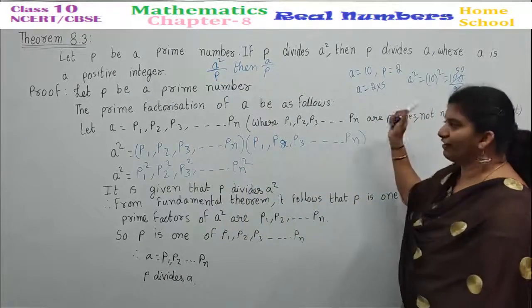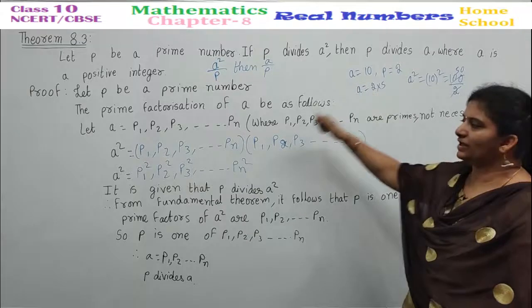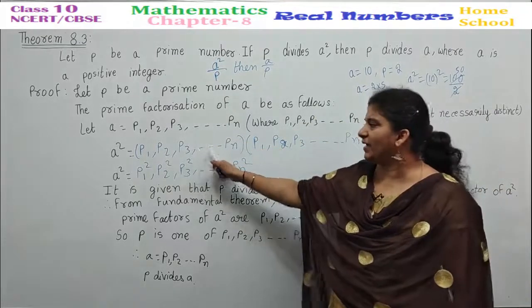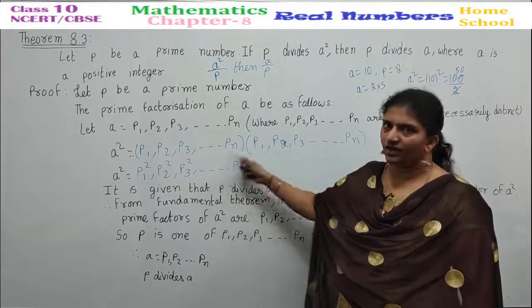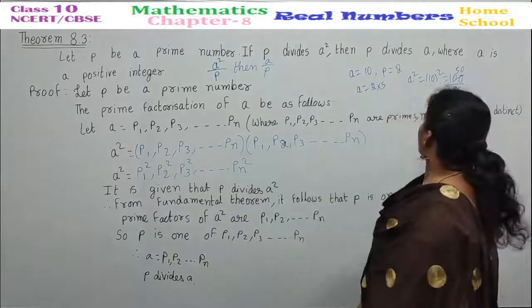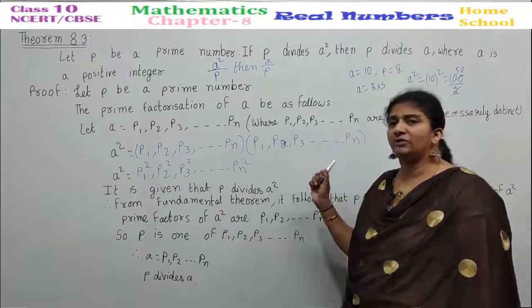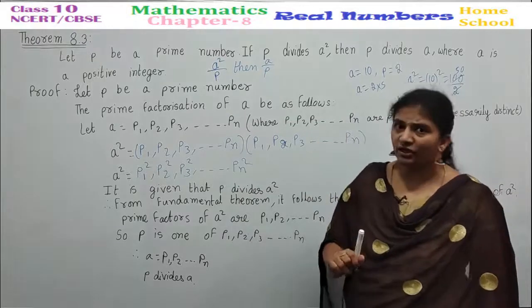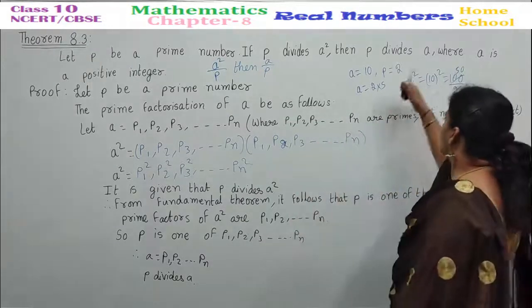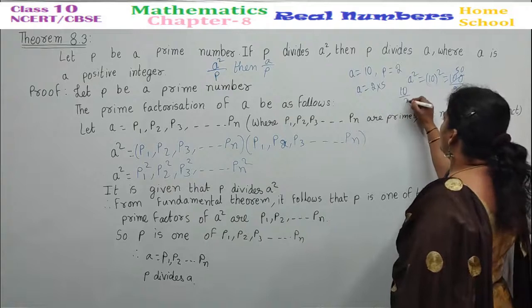Observe here, children, carefully. Where A is equal to 10, A square is 10 into 10. Right? If A square is divided by some prime number, is it able to divide A? Let's check it out. What is A? 10 by 2.